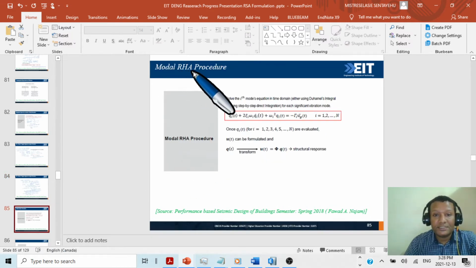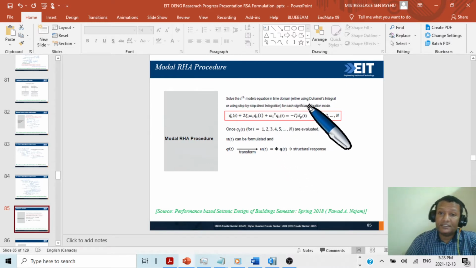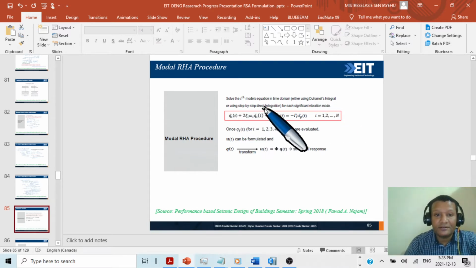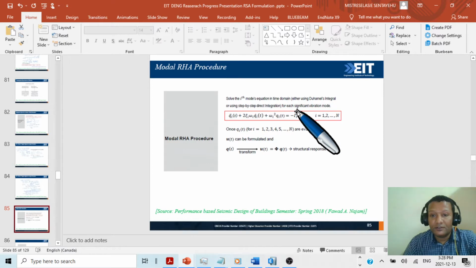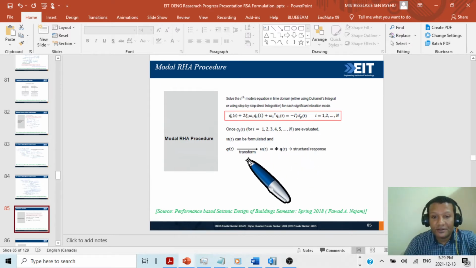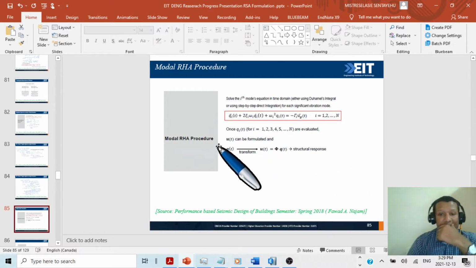The modal response history analysis procedure solves the i-th mode equation in the time domain, either using Duhamel's integral or using step-by-step direct integration for each significant vibration mode. This is how u(t) can be formulated, and q(t) is transformed into u coordinates by multiplying it with phi. We have discussed this now.